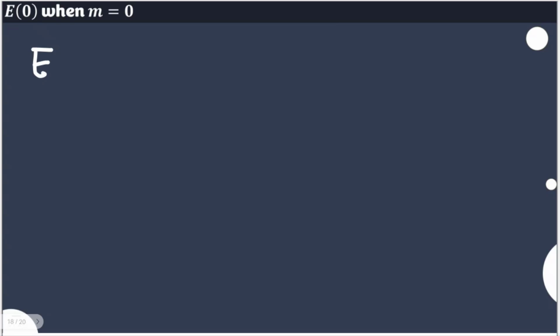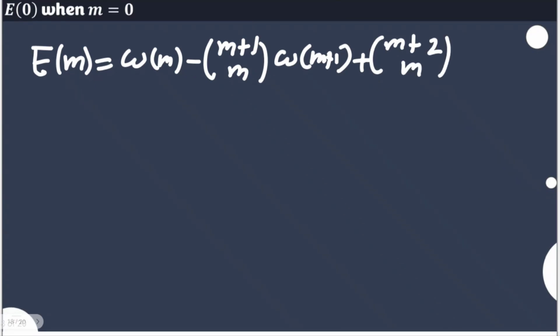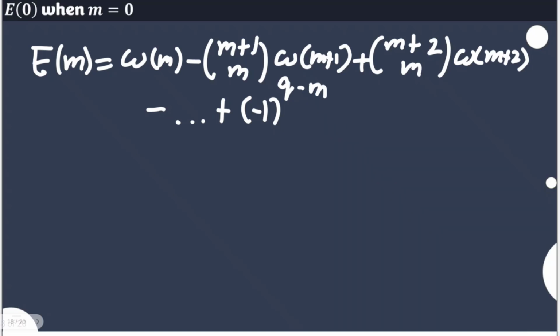principle of inclusion and exclusion is E of m is equal to omega of m, minus m plus 1 combination m, omega of m plus 1, alternating plus m plus 2 combination m, omega of m plus 2, then minus and so forth, plus negative 1 raised to q minus m, q combination m, omega of q.